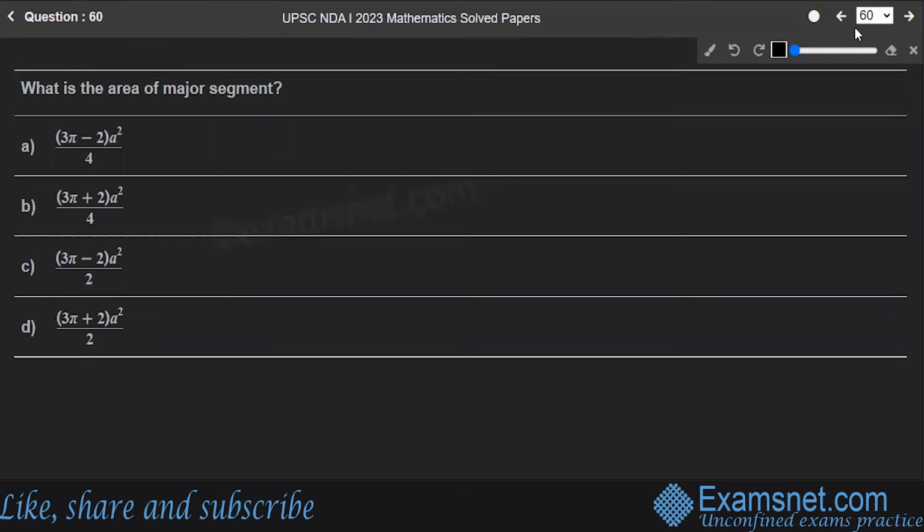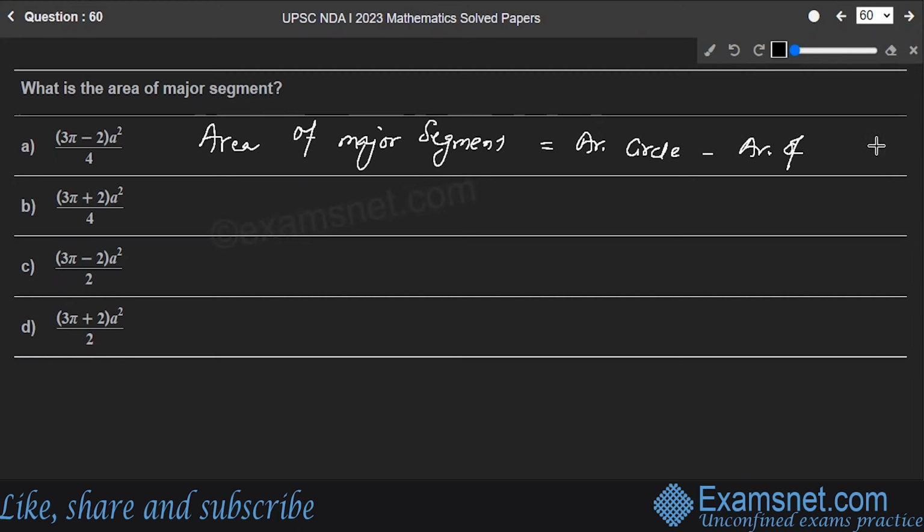Now, what is the area of the major segment? You got the area of the minor segment. It's easy to find out the area of the major segment. Same thing will be there. Area of major segment, now I'll be considering the whole circle. Area of major segment is equal to area of circle minus area of minor segment. Right? What is area of the circle? Pi a square.